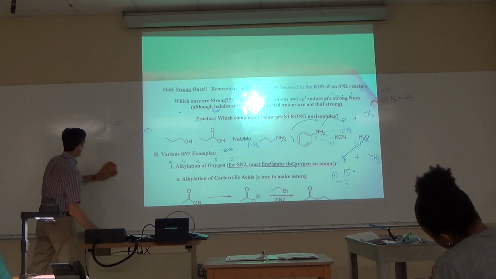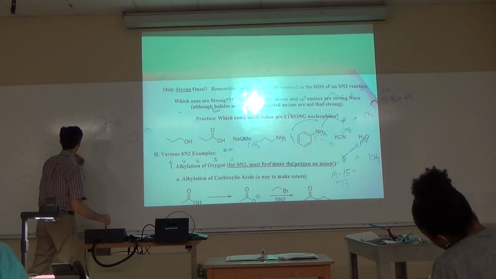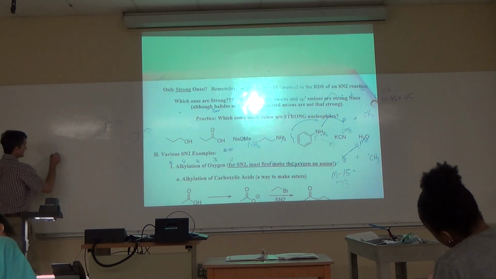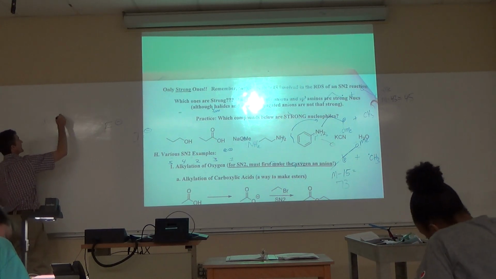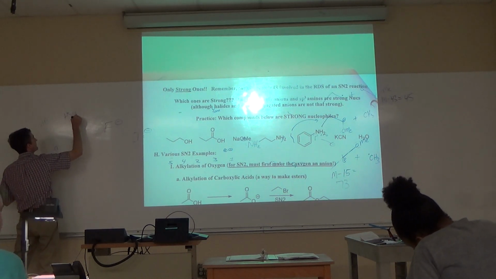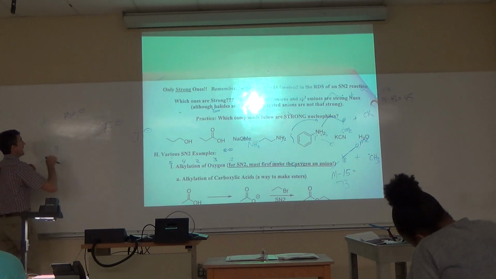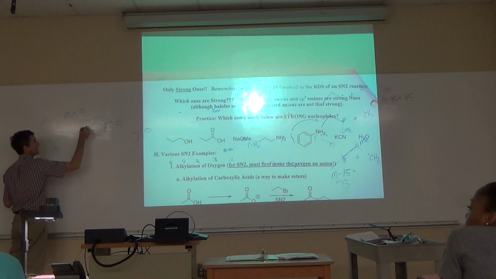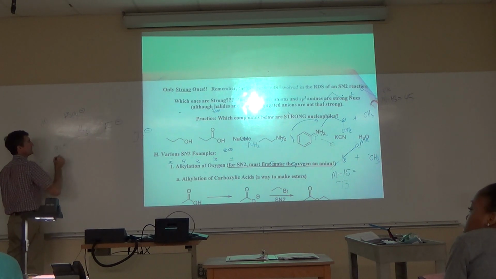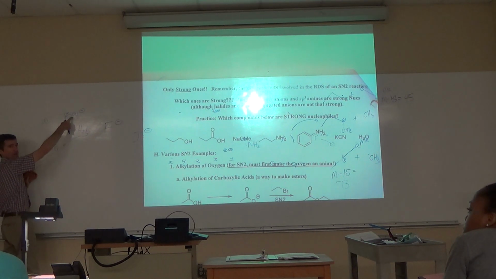You remember when we did hydration of alkenes, and we generated maybe a carbocation because we were using H plus and HSO4 minus. And then what attacked the cation when we hydrated it? Water. And water acted as a nucleophile. Why did this not attack?